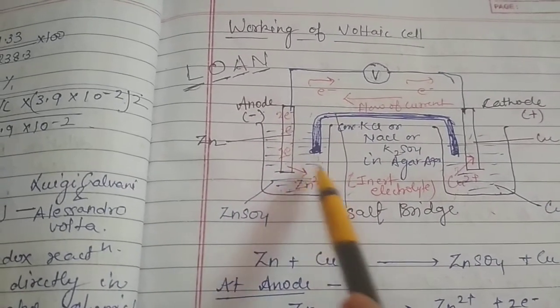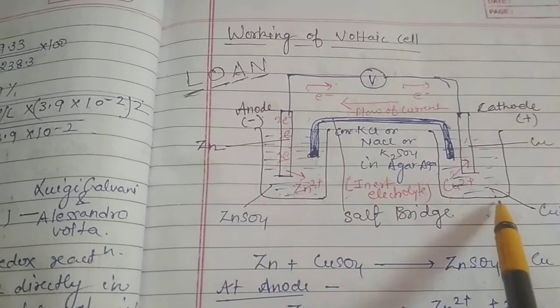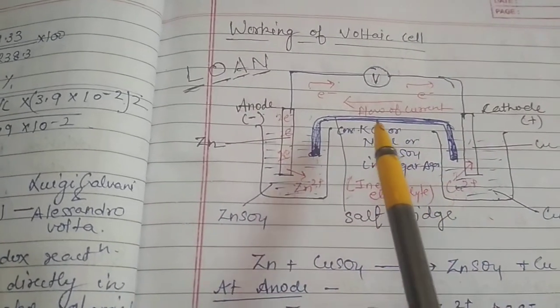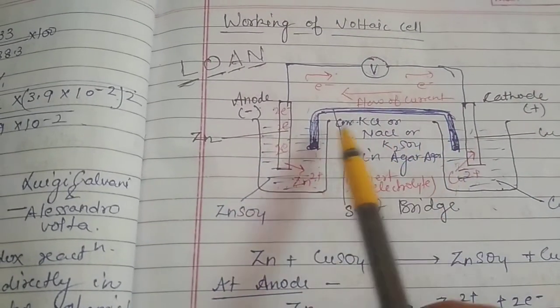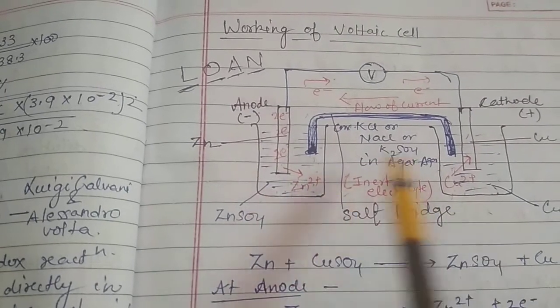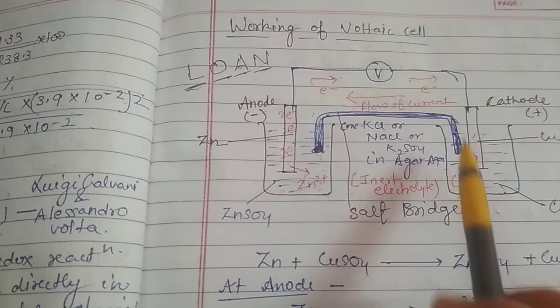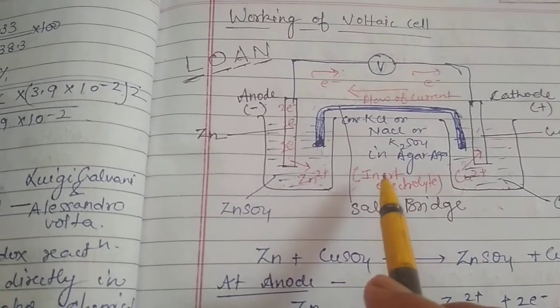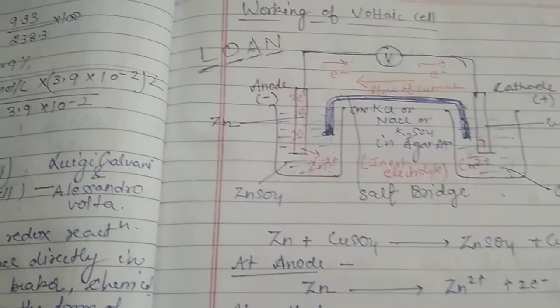Here we see that when accumulation of positive and negative charge happens in the oxidation half and the reduction half, an equimolar amount of cation and anion discharge in the solution to neutralize these charges. So for that the salt bridge is there, to maintain the electrical neutrality and to complete the circuit that we discussed yesterday.